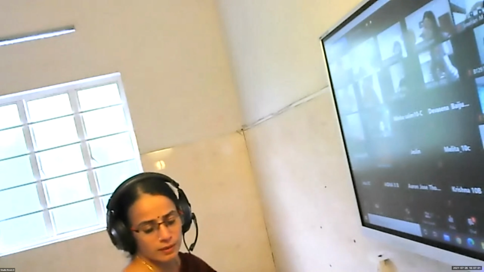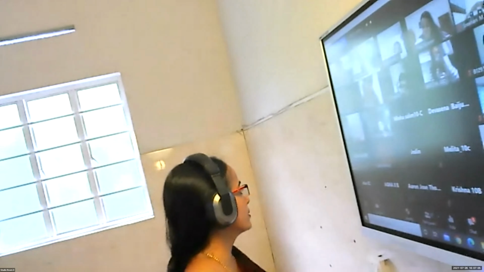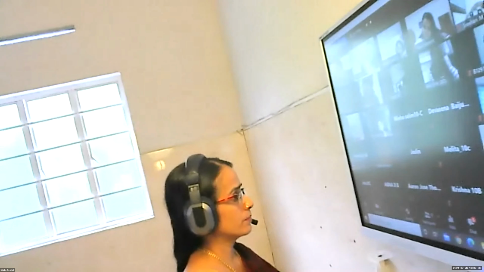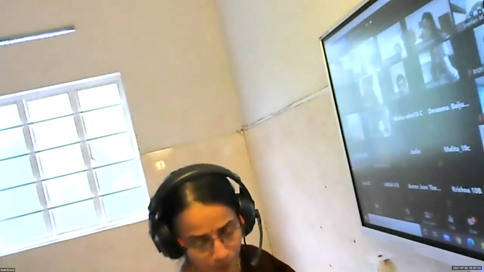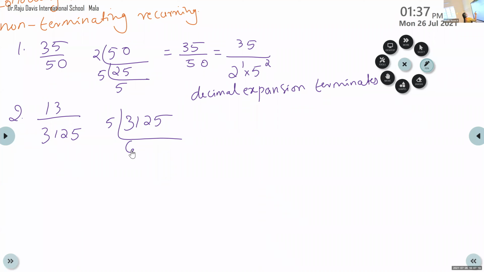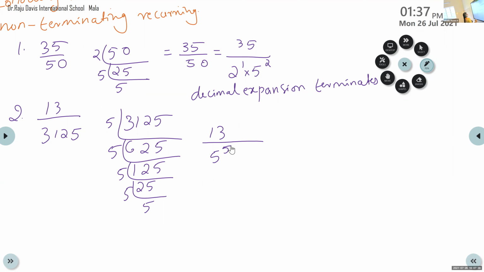So first of all, prime factorize 3125. What are the factors? 5 raised to 5. So 13 divided by 5 raised to 5. Therefore, 13 by 3125 has a terminating decimal expansion.